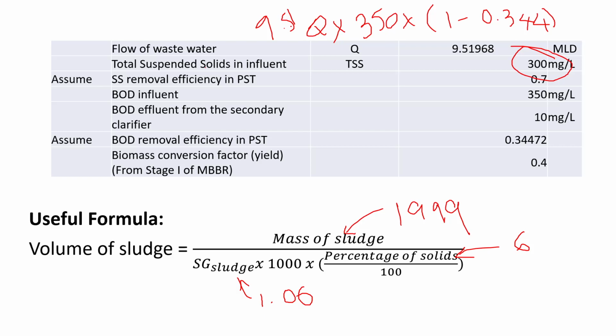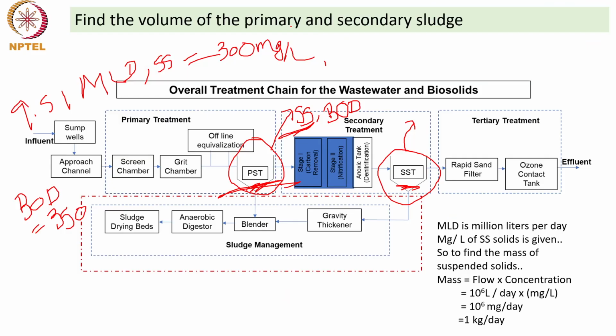You are getting my point? What will be the BOD at the entry of this stage? Some BOD is getting removed in PST. The total flow you know, the influent BOD you know, and the percentage of BOD getting removed in PST you know.